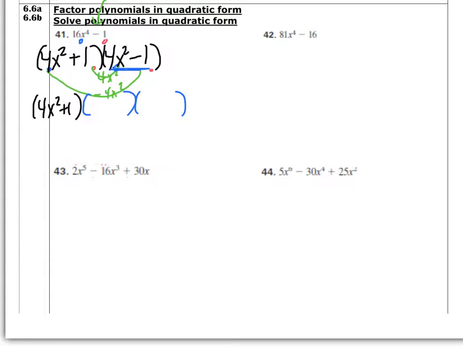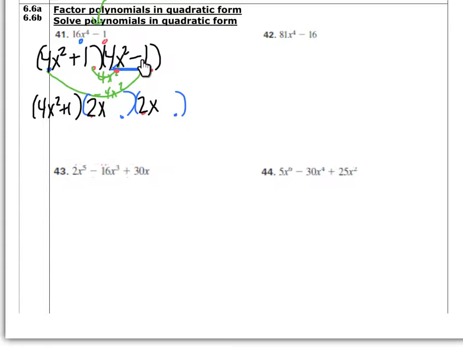So again, 4x squared has to go here and here, and the negative 1 is going to go here and here. Notice again, 4 and 1 have perfect square roots of 2 times 2 and 1 times 1. We already know for x squared it's an x and an x, the only way to equally divide an x squared. But for 4 it's either 4 and 1 or 2 and 2. It's probably 2 and 2.